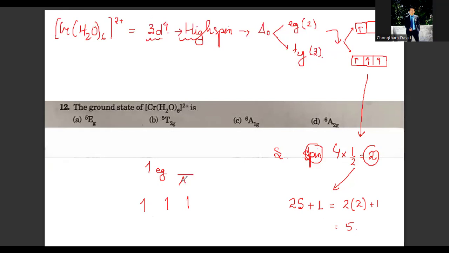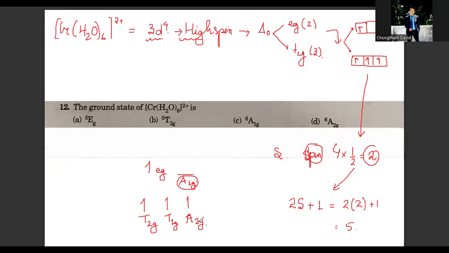So we shall write here A1g, which is empty here. And in the t2g sets we have 3, T2g and T1g, and this would be A2g.